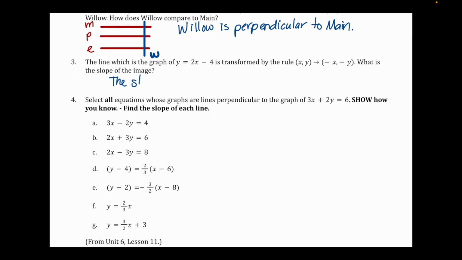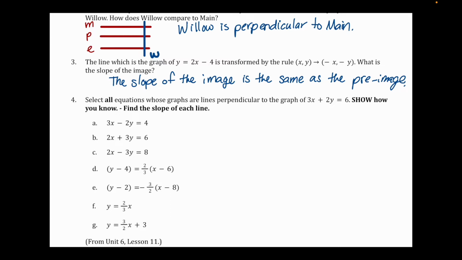The slope of the image is the same as the pre-image. We can even check this by plugging some numbers in.